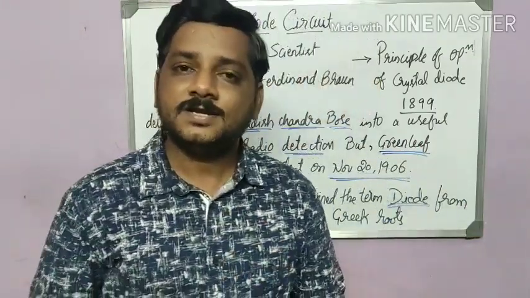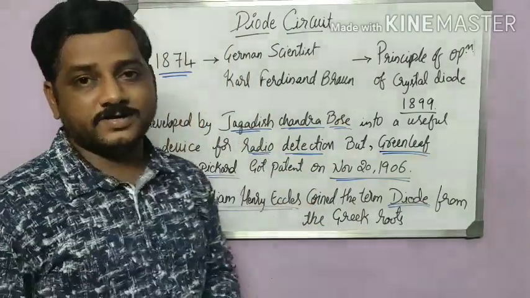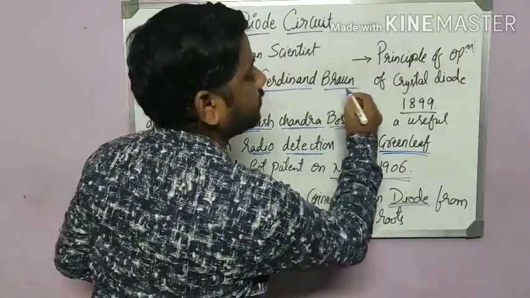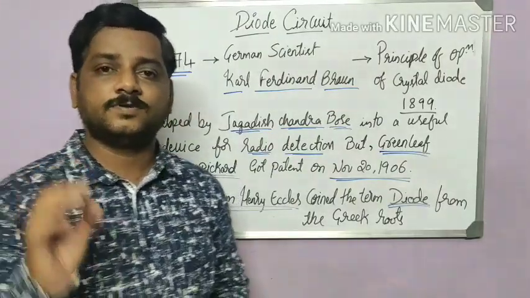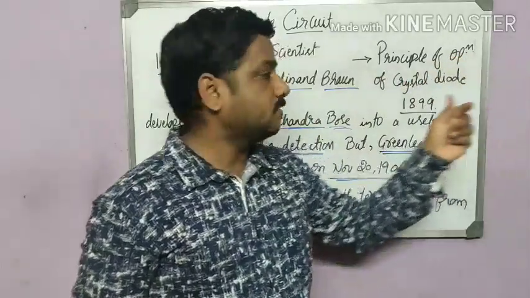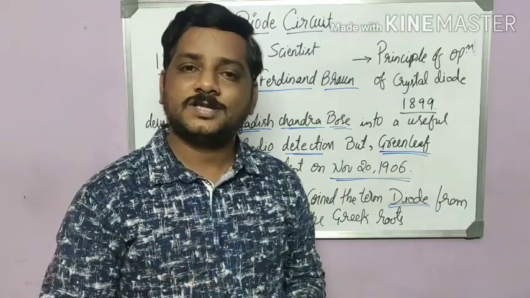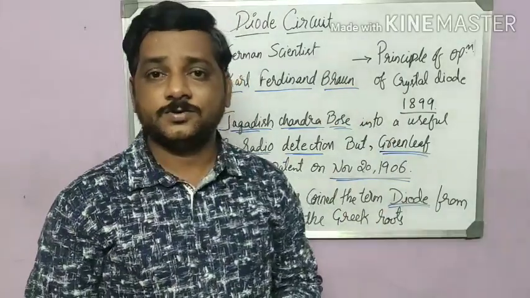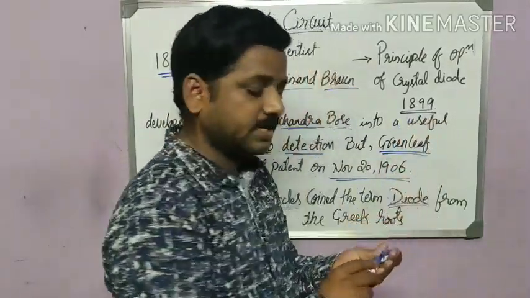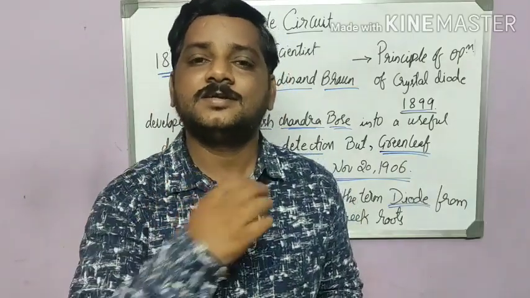Similarly, the main research on the semiconductor diode started in the year 1874 by a great German scientist, Carl Ferdinand Braun. He gave the basic principle of operation of the crystal diode, and he got a patent on that in 1899, which was the basic concept for developing the semiconductor diode.